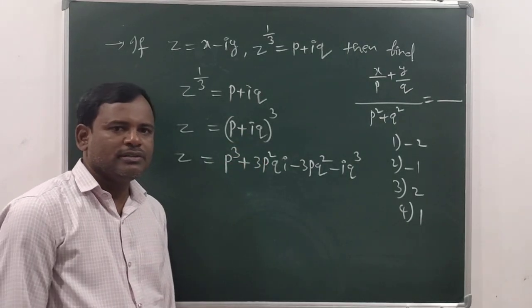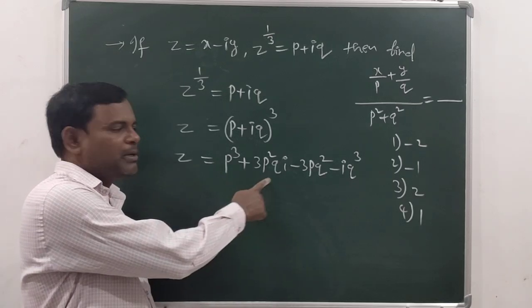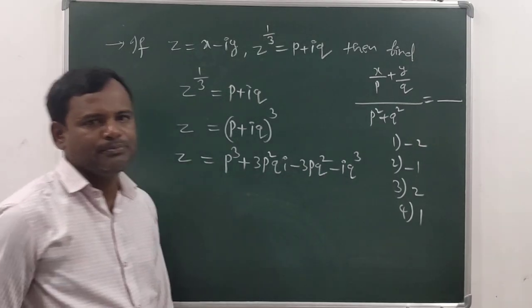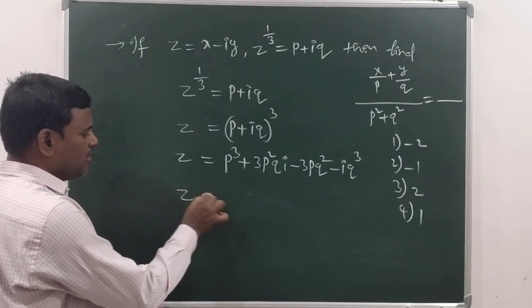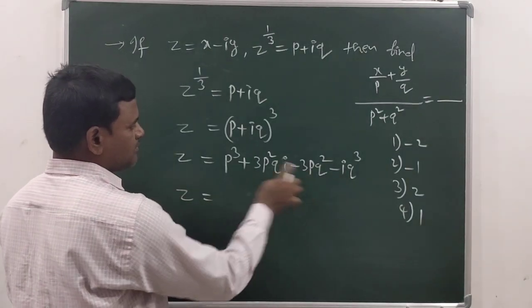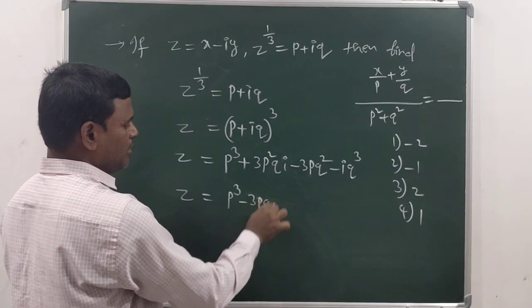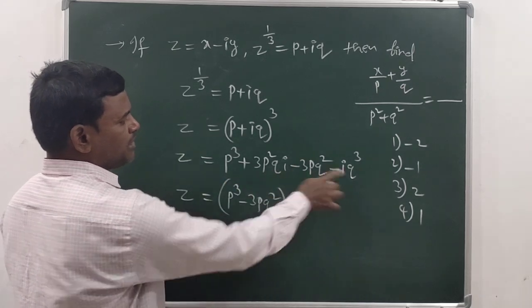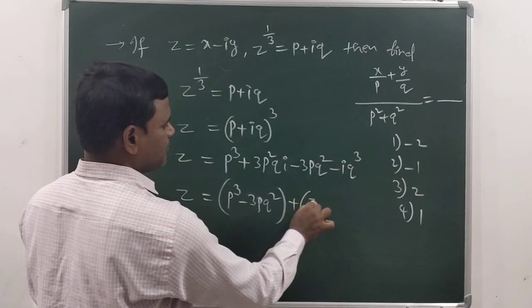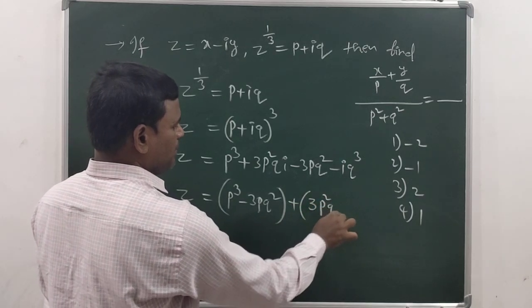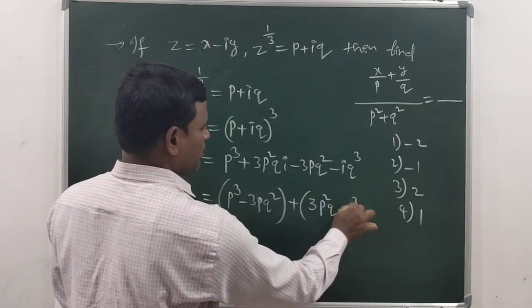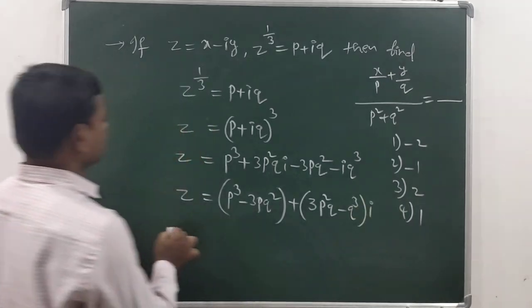You are well known to that: a cube plus 3a square b plus 3ab square plus b cube. Now write real terms in one place. p cube minus 3p q square, plus from these two take i common, 3p square q minus q cube into i.